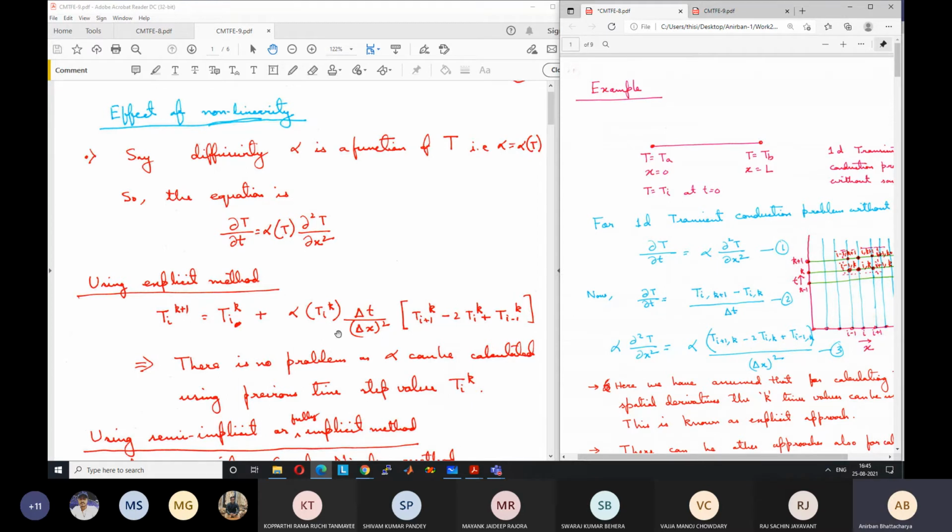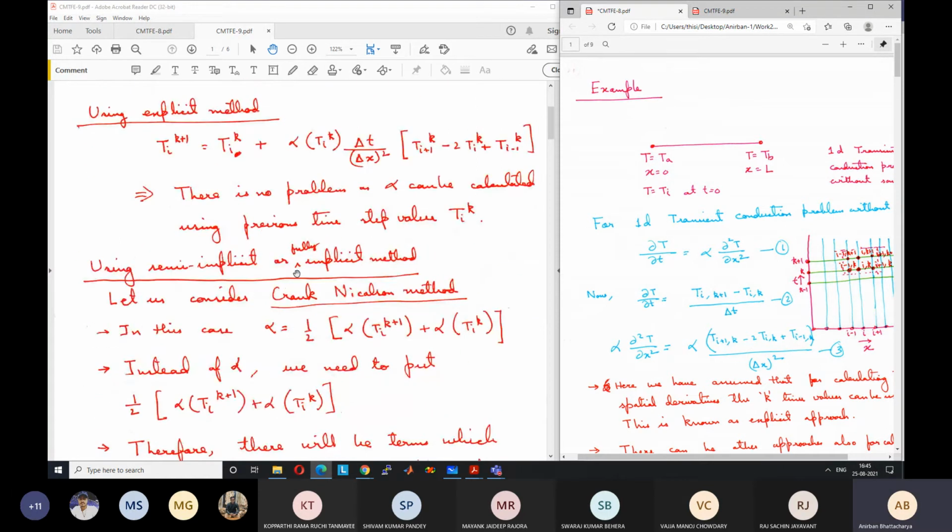For the explicit method, because we generally use the previous time step value, we calculate alpha based on the previous time step value of T. Because it is already known, alpha is also known, and we can directly solve and get T i at k plus 1. So for the explicit method, non-linearity is no issue.